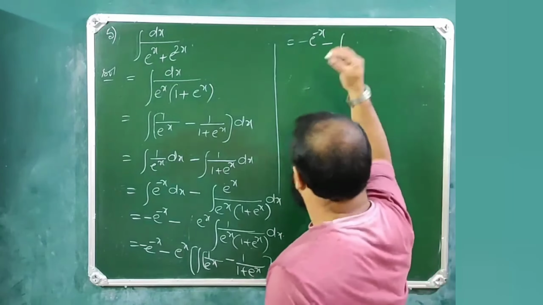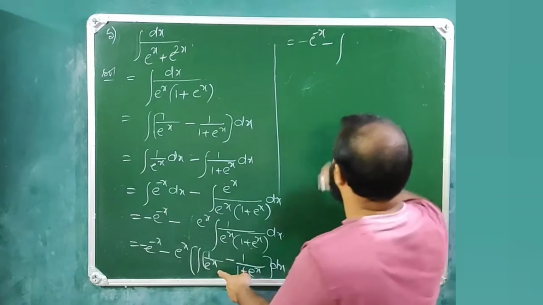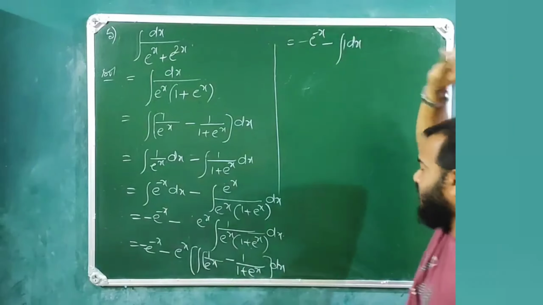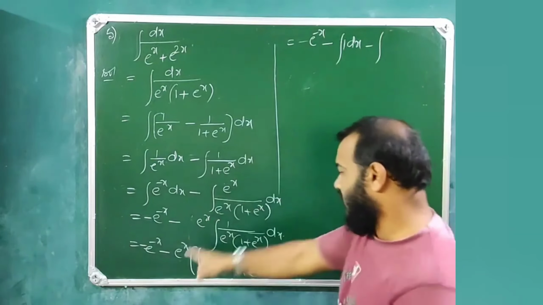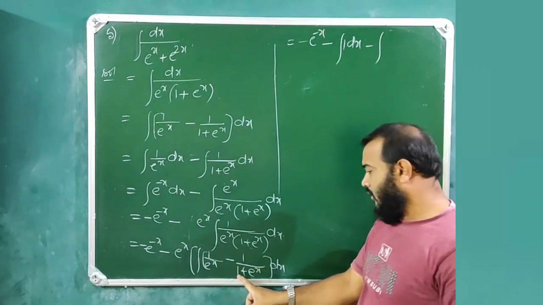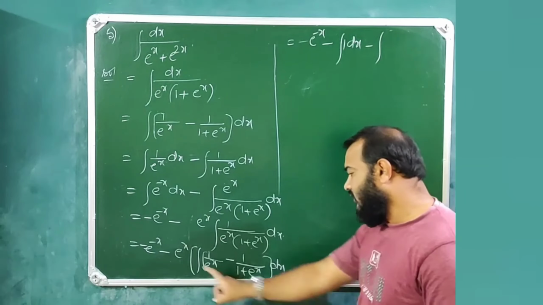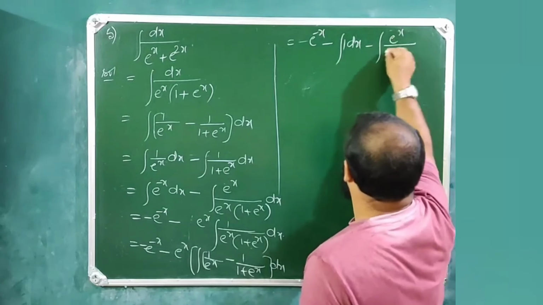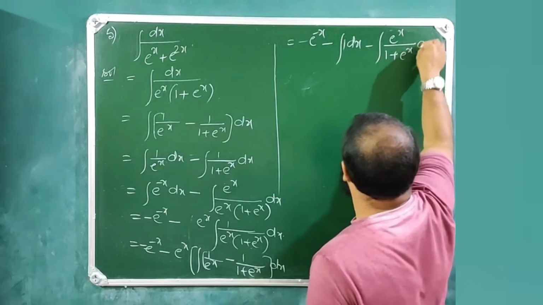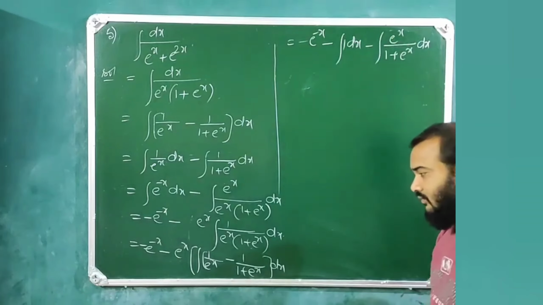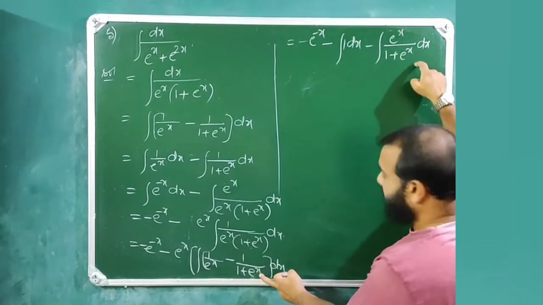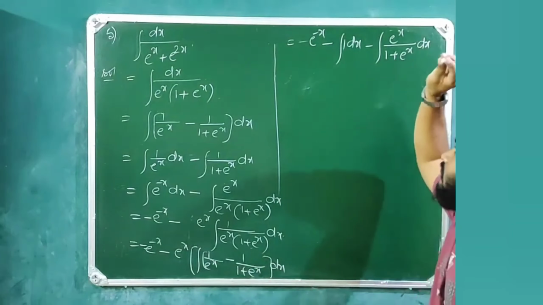So integral e power x by e power x cancels, we are left with 1 dx, minus e power x by 1 plus e power x integral dx.